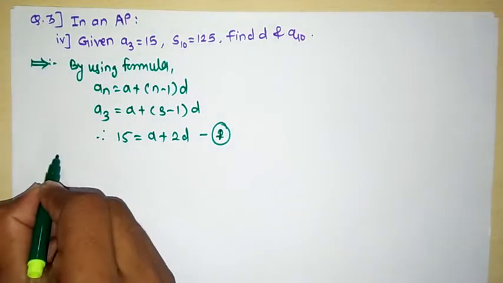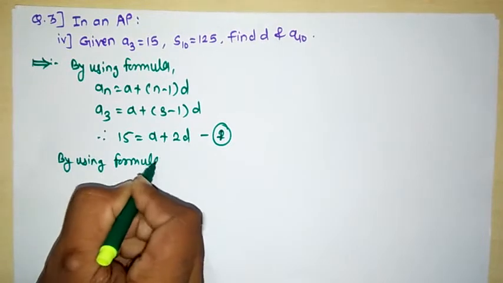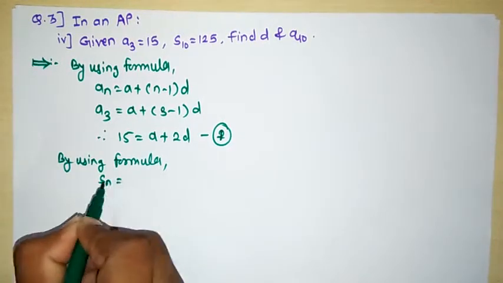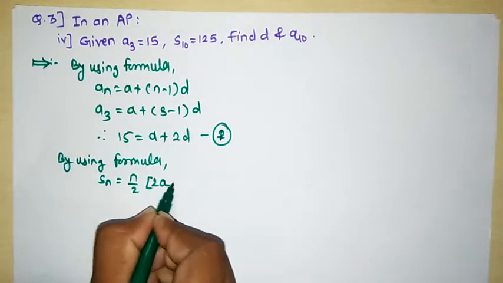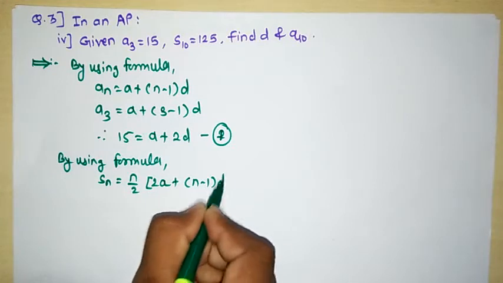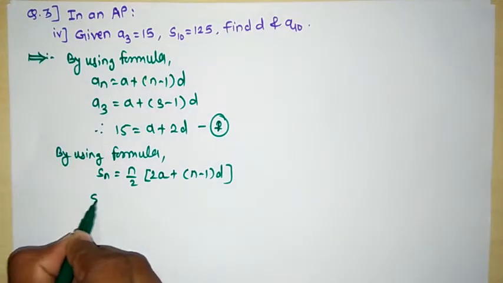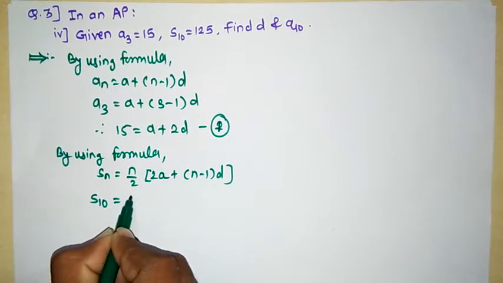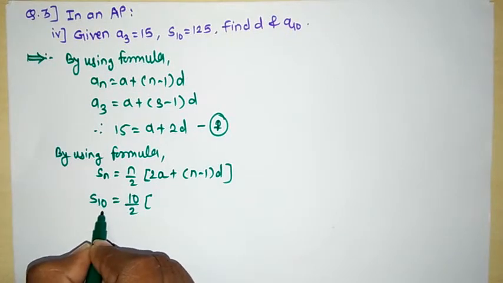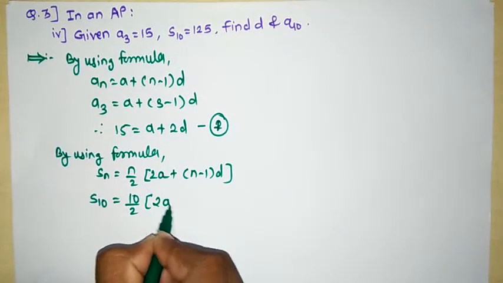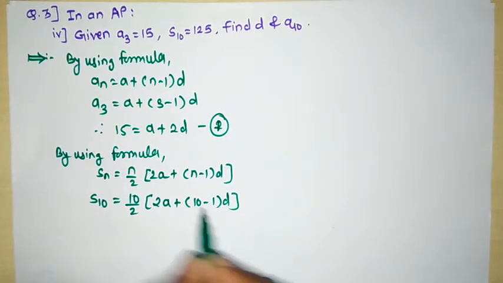Now, by using the formula Sn, that is the sum of the first n terms, Sn is equal to n by 2 into 2a plus n minus 1 into d. We will apply this formula for the sum of 10 terms, that is S10 is equal to 10 by 2, instead of n we have to write 10, into 2 into a, we don't know, and instead of n we have to write 10 minus 1 into d, also we don't know.